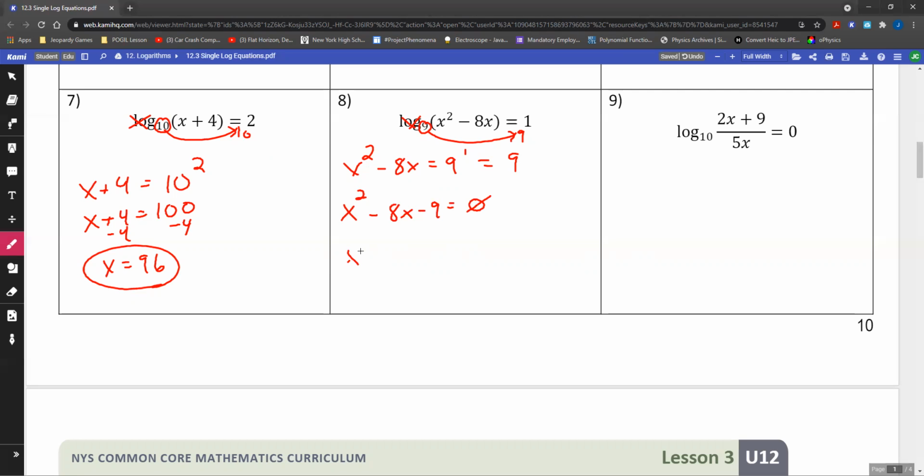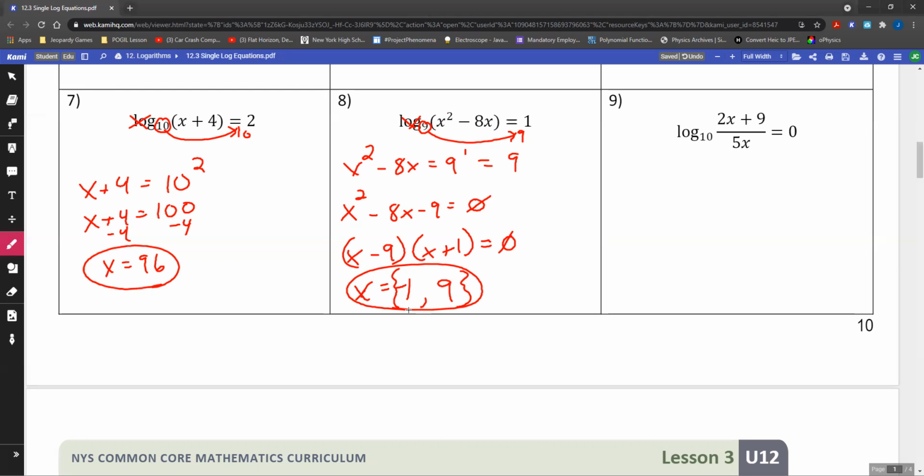Here, we have to try to factor it. The only way this will work is if x minus 9, x plus 1. So this gets me that x has to be equal to -1 and x equals 9. So these are my two solutions.